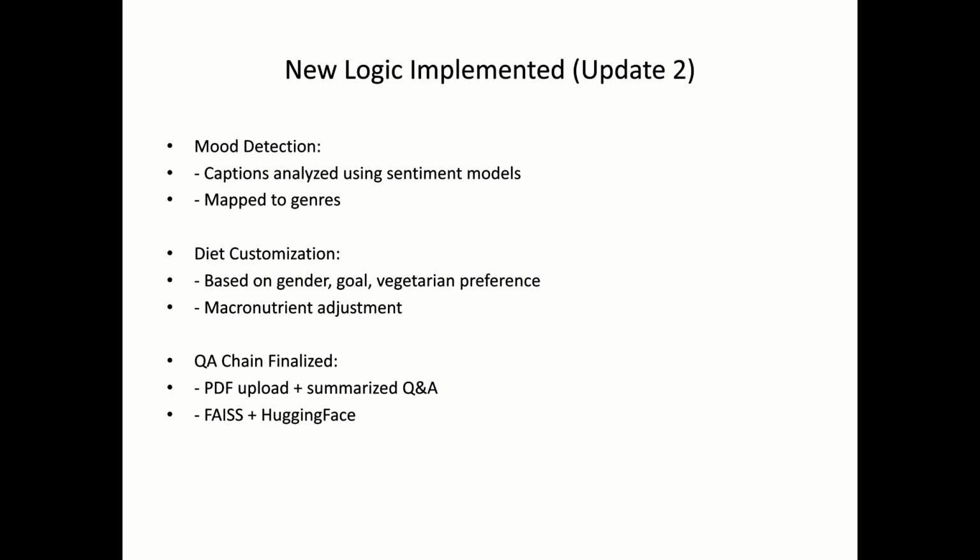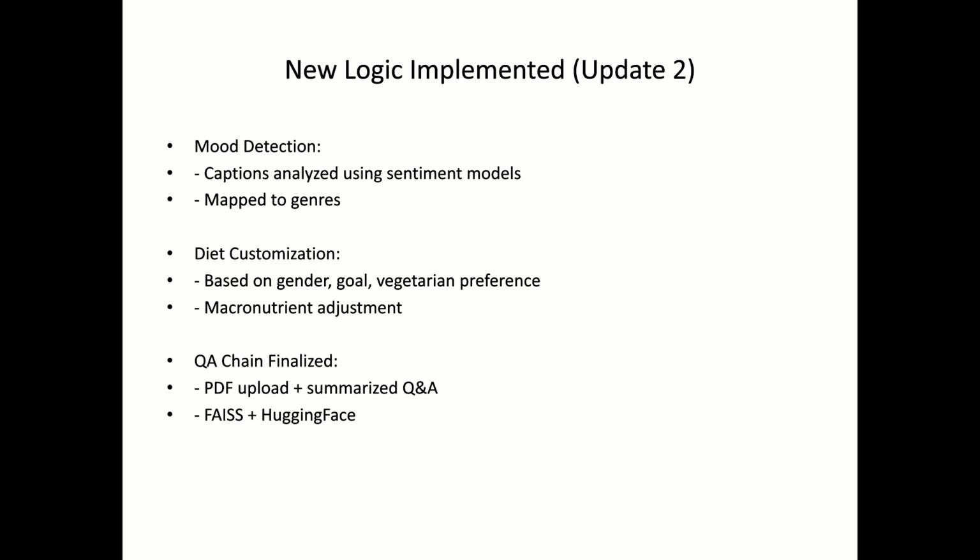And coming to the diet customizations, we also added a new logic over here. This diet module now handles cutting, bulking, and vegetarian preferences. So if a vegetarian user wants to bulk up, the bot gives higher calorie meal plans with foods like paneer and chickpeas, which are veg. And coming to the next module, the PDF Q&A finalization.